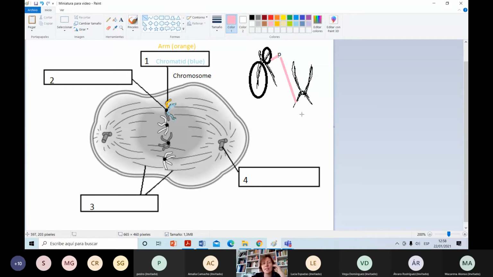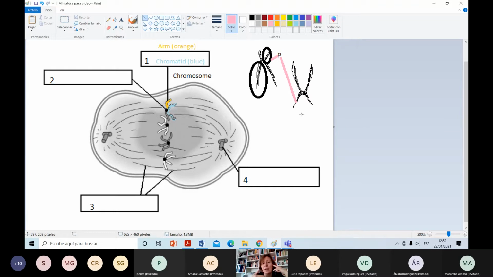Meiosis. What is the mission of meiosis? Meiosis is also going to divide a cell, but it's going to do it in order to form gametes. Gametes are not identical to the cell that is forming them. The cells in the testicles have 46 chromosomes, and they need to form cells that only have 23.